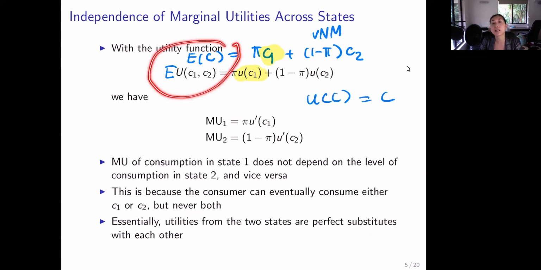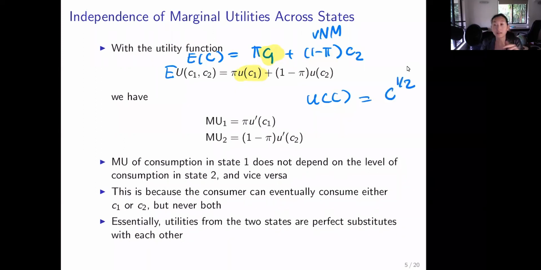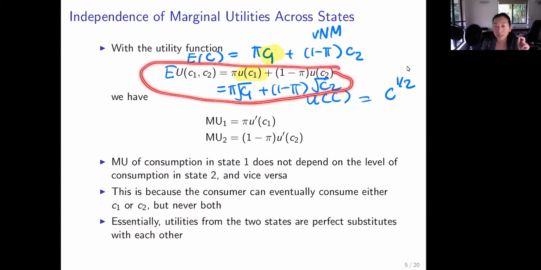Expected value would equal expected utility if my utility function is equal to C, but most likely it's not. Let's say it's equal to square root C, for example. Then this value would be pi times square root C1 plus 1 minus pi times square root C2, okay? That is the expected utility.